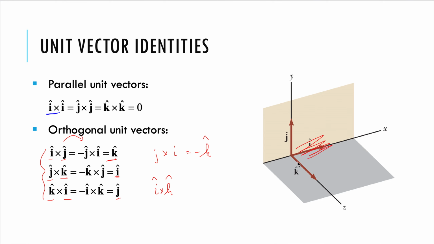And then you have to fold them in the direction of K. So your fingers are pointing right, your thumb has to point down so that you can fold your fingers this way towards K. And your thumb is the cross product, so that means that I cross K is equal to negative J, just in case you do need to figure it out using the right-hand rule. Let's look at some examples in the video that follows.